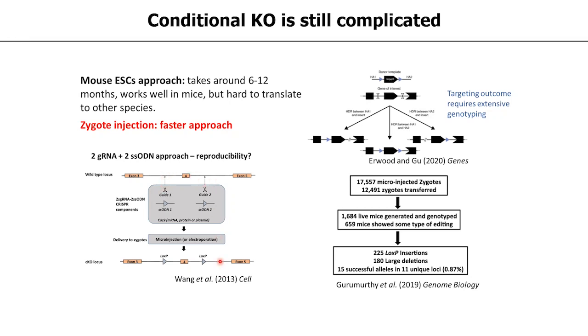He said that we can introduce the loxP site very easily. However, more recently, Gu and colleagues reported in Genome Biology that this strategy actually works very inefficiently, with success in less than 1% of cases. This means that someone has to work on this problem so that we can have conditional knockouts in a more efficient way.